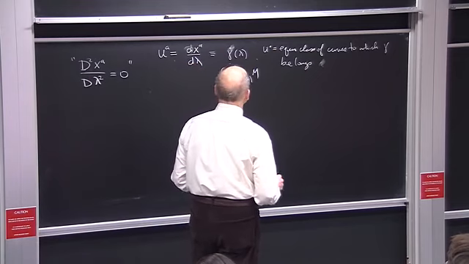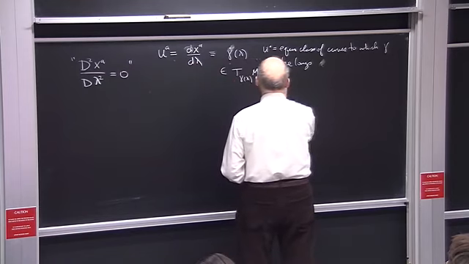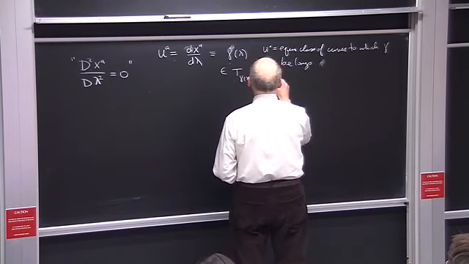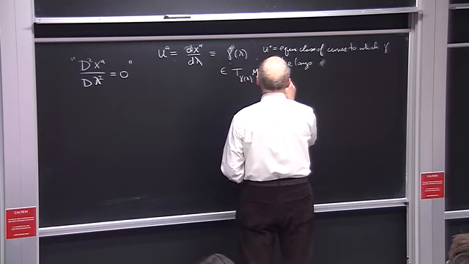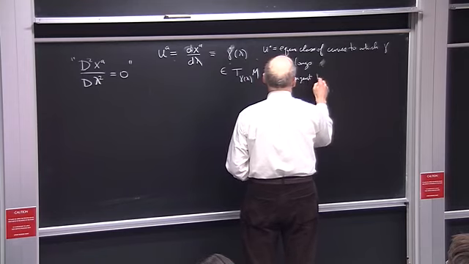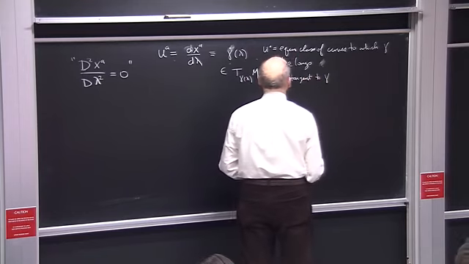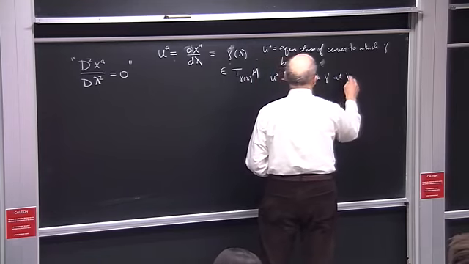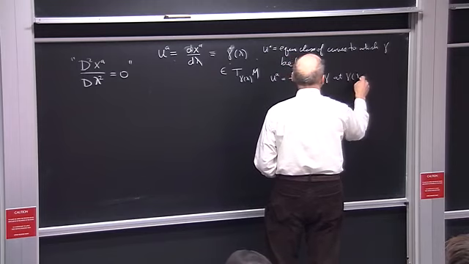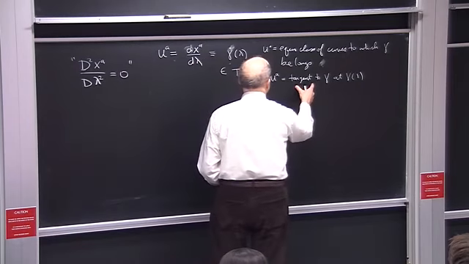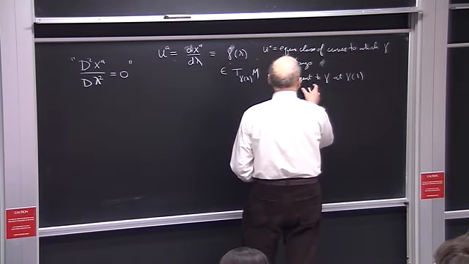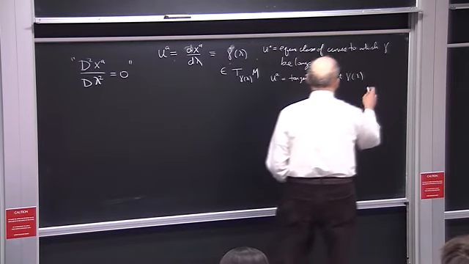So the important thing is, or another way of saying it is, what I said in words, I can write it also. u^a is the tangent to gamma parameterized by lambda at gamma of lambda. When I say tangent, of course, I mean I'm treating gamma as a parameterized curve.